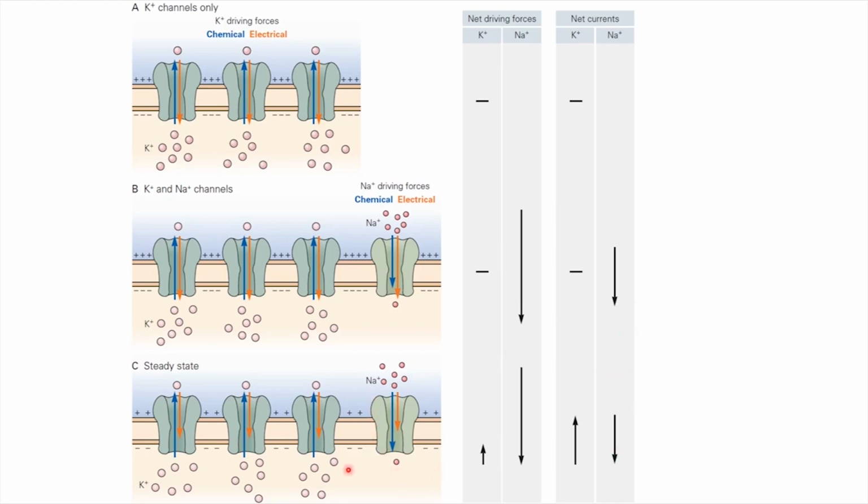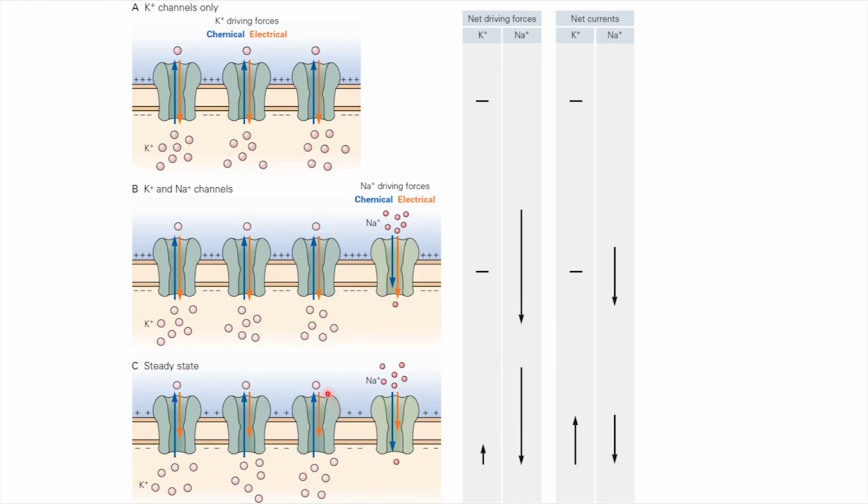Now, as the electrical gradient for sodium has changed because the membrane potential has become more positive, similarly the electrical gradient for potassium ions will also change, because membrane potential is a common value for the whole neuron.